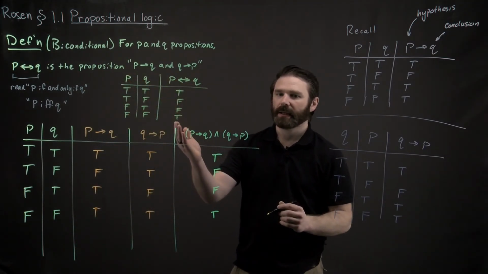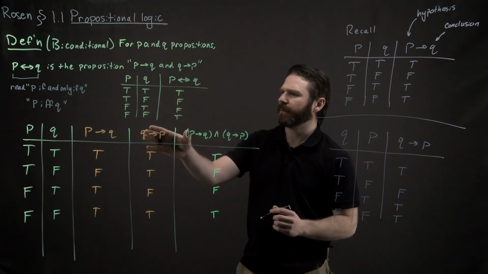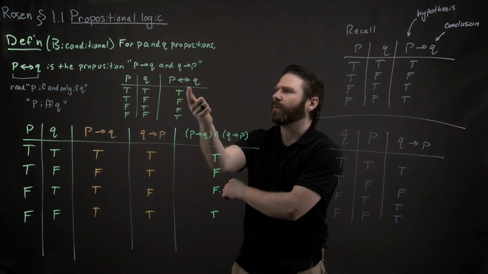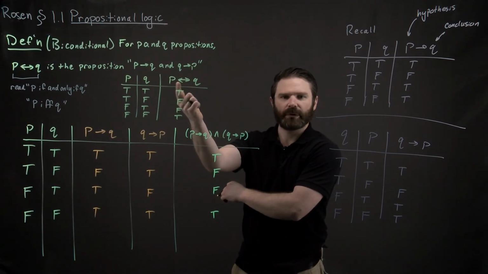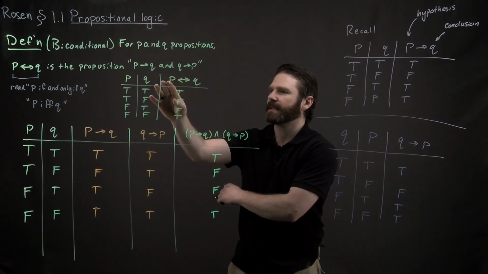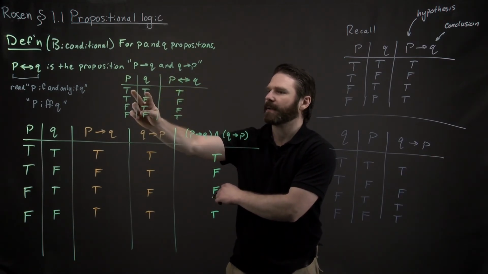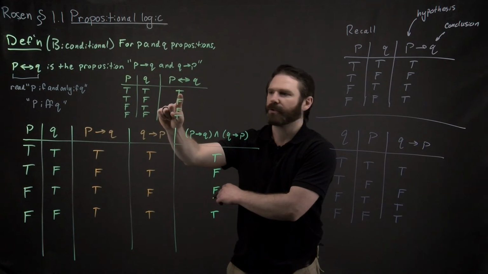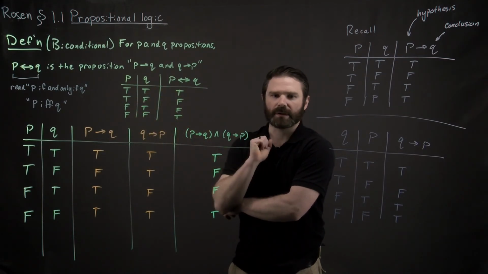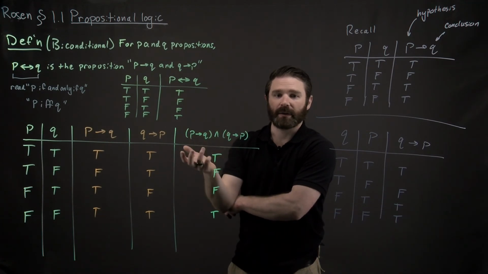And you can see, if you stare at this for a little bit, the only time this biconditional, this if and only if right here, takes on a value of true is when both the left-hand side and the right-hand side take on the same values. So it's only true when both sides are true or when both sides are false, and it's false otherwise.